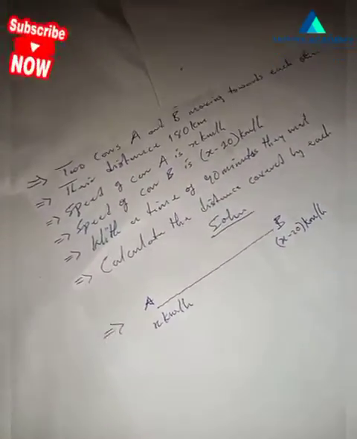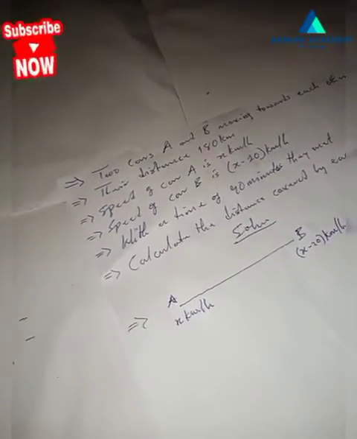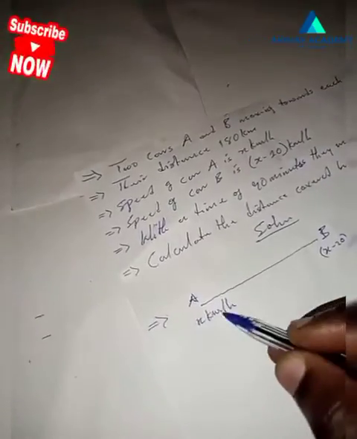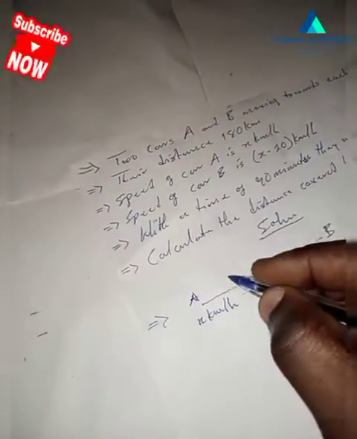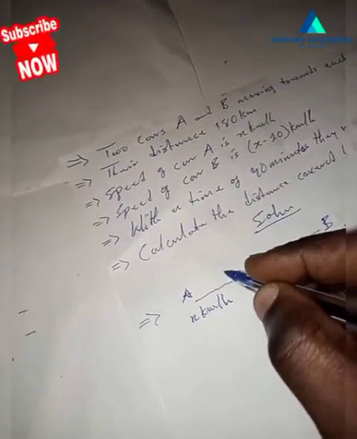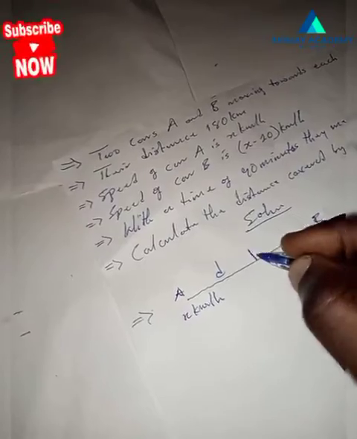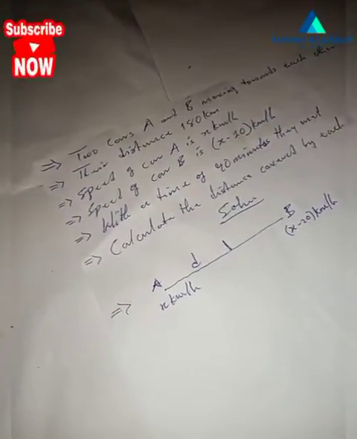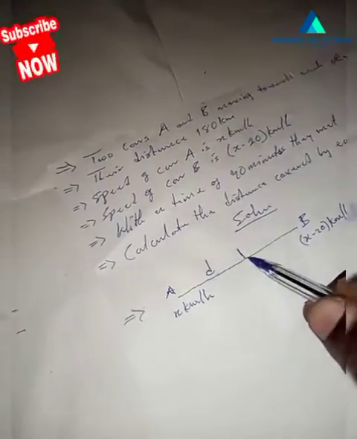Now, this is the distance between the two cars. Let's assume that car A covered a distance of, let's say, D before they met over here. Car A covered the distance of D before they met.